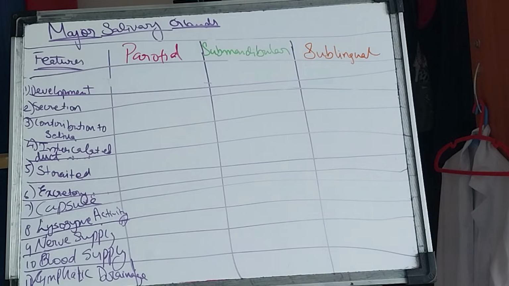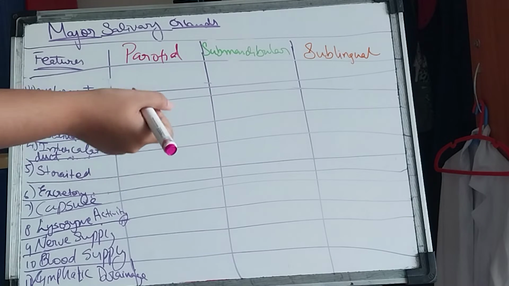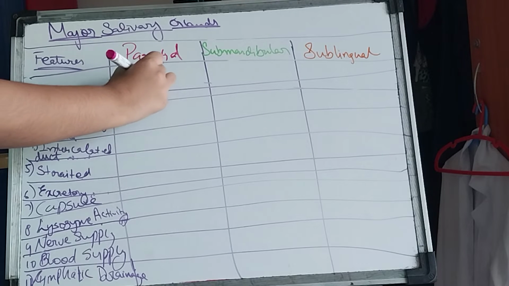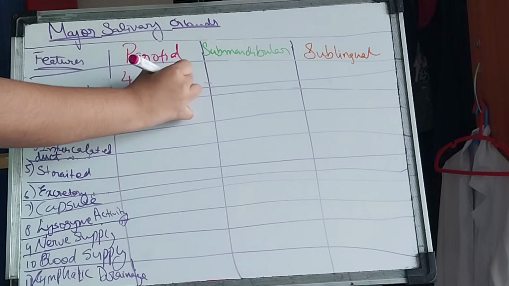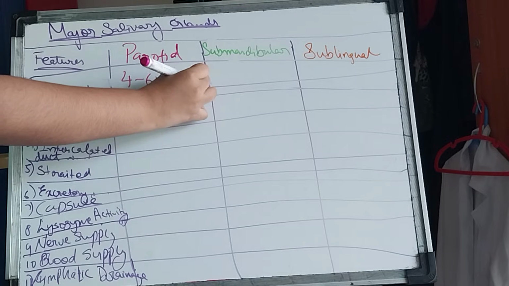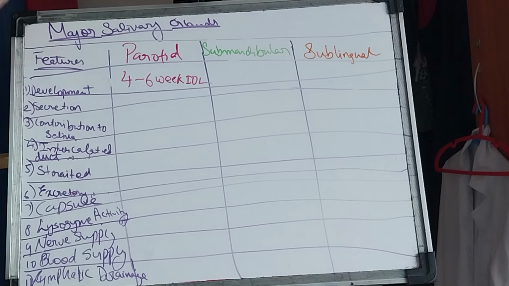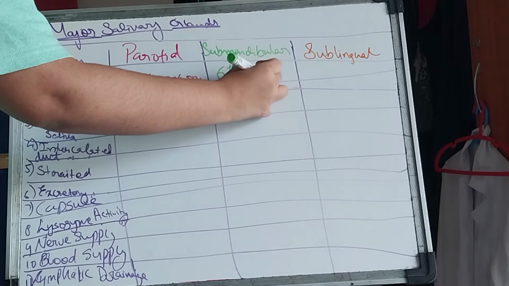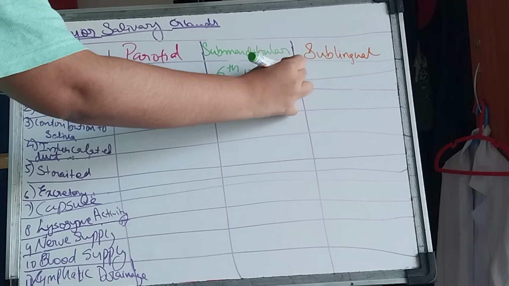The parotid gland started developing around 4 to 6 weeks of intrauterine life. Then the submandibular gland started developing in the 6th week of intrauterine life.